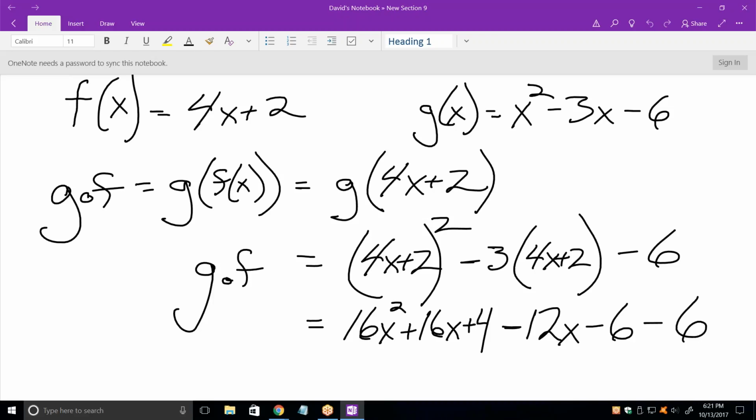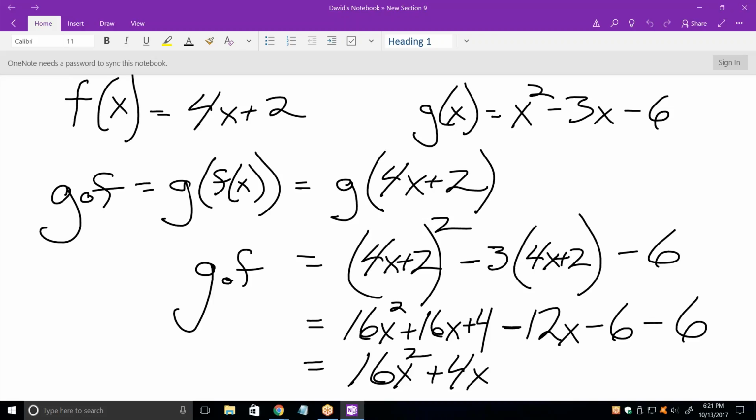Now combine like terms. So we only have the first term once; we don't have any other x squared. Now how many total x's do we have? 2. What do they total? Combine them. 4. So the next term is plus 4x. Now combine all three numbers.